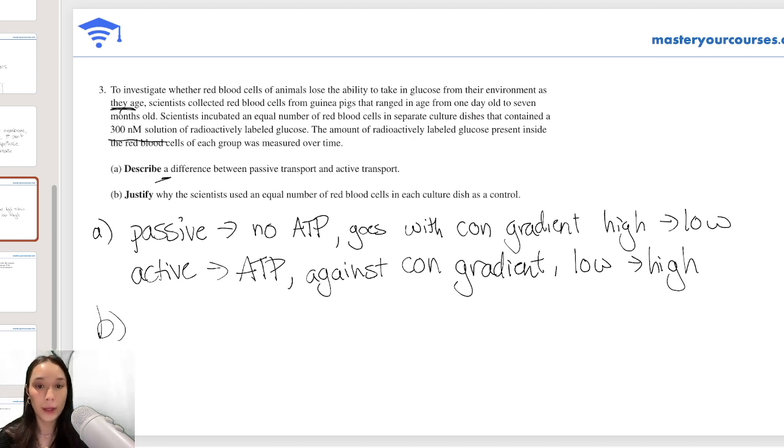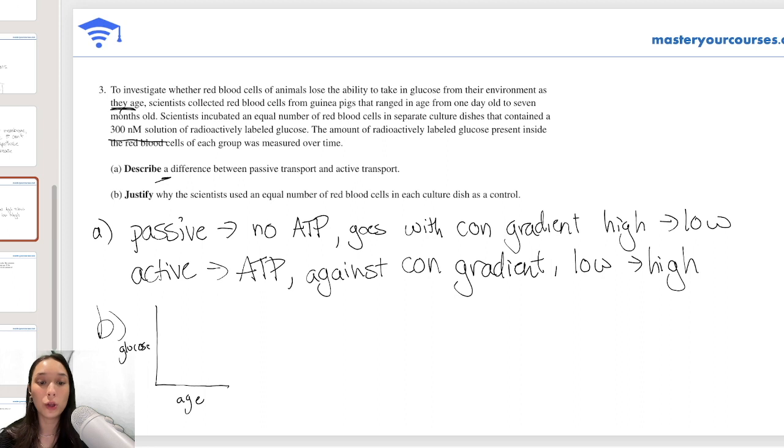So if you were to plot this, you don't need to plot it, but you would look at age here, and then you would look at glucose uptake. So that's your independent variable and your dependent variable. And so a control that you would have to do is to make sure you're using the same amount of red blood cells in each trial. Because if you didn't, then you would have another variable at play and you wouldn't be able to see directly if age is what's causing that change.